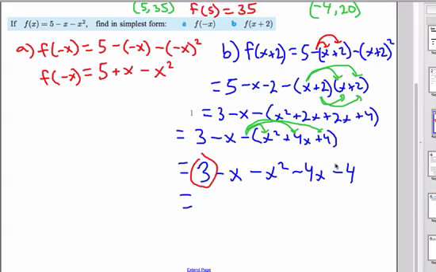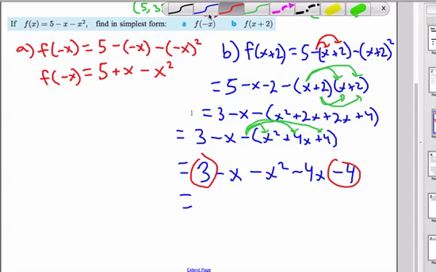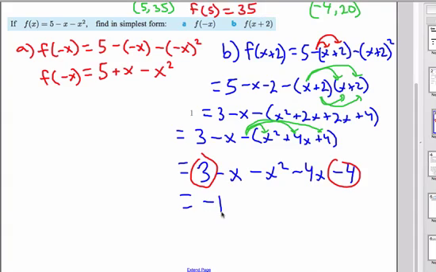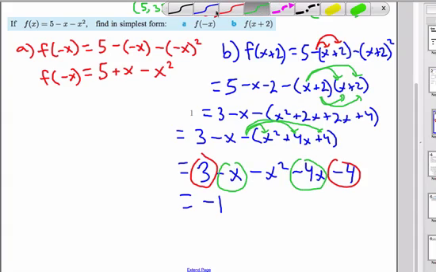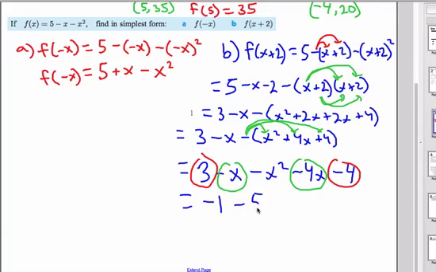We have 3 and negative 4. That gives us negative 1. We have negative x and negative 4x. That gives us negative 5x. And we have negative x squared. So here we have f of x plus 2 equals this function.